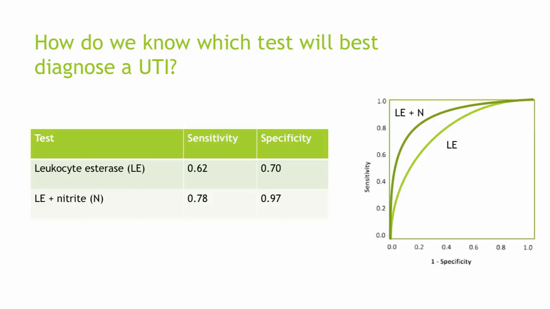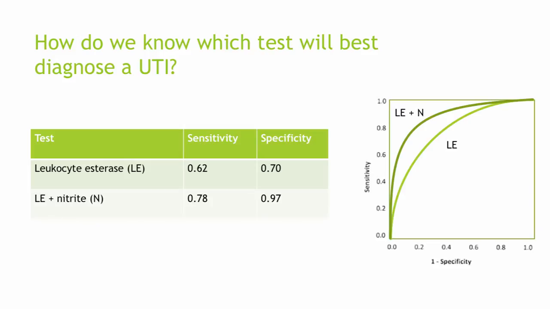Because the urinalysis is a combination of tests, we're balancing sensitivity and specificity based upon multiple positive results. As we discussed before, each test has an optimal sensitivity and specificity based upon a separate ROC curve. For example, the sensitivity of leukocyte esterase alone is 0.62 and the specificity is 0.7, which is pretty good but not great.